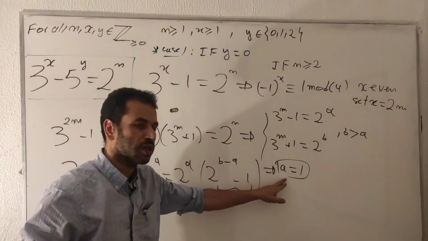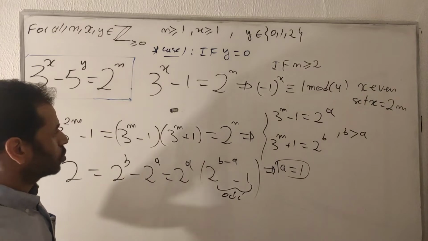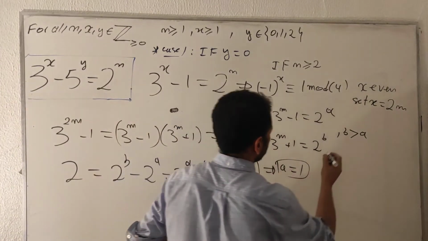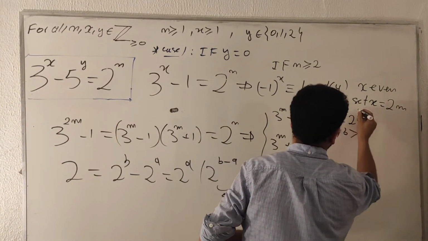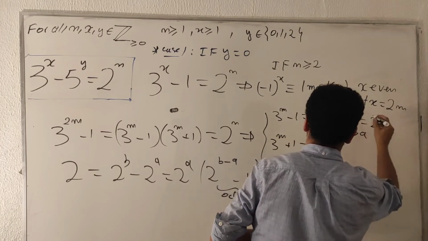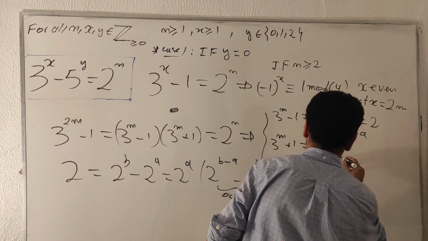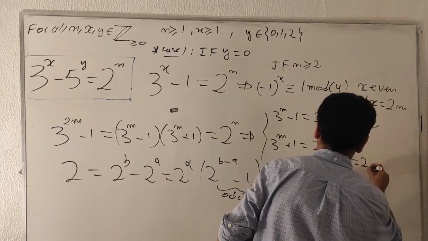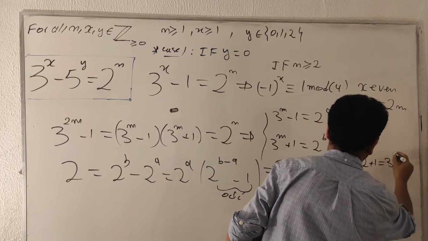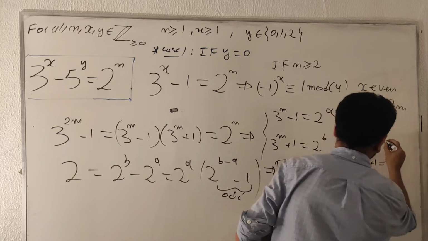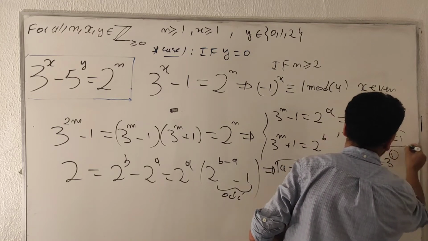I'm simply going to take this value of a and insert it back into this equation. If I do that, I get 2 to the 1, which is 2. By moving over minus 1 to the right, I get 3 to the m equals 2 plus 1, which equals 3. The exponent equals 1. So here m equals 1.